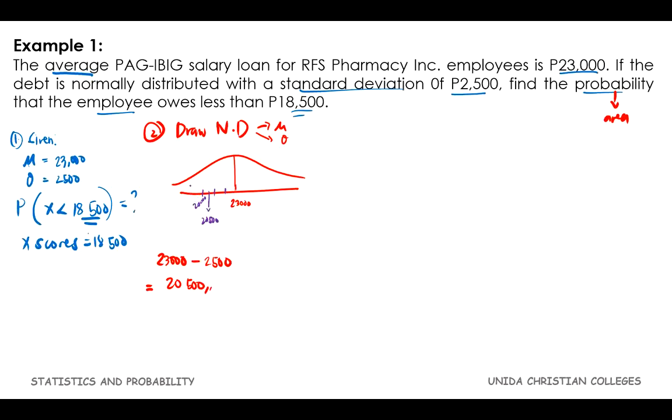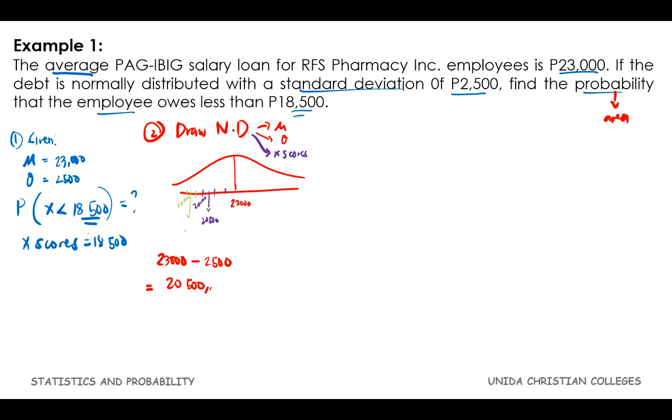Okay po. Tapos, after nun, input natin si X score. Alam natin na ang X score is 18,500. That is between 19 and 18,000. Let's say this is 19 and this is 18. So, ayan yung 18,000.